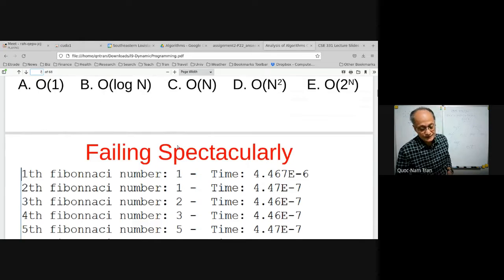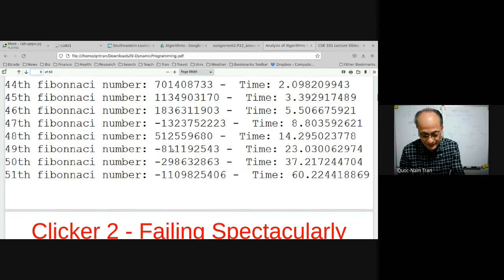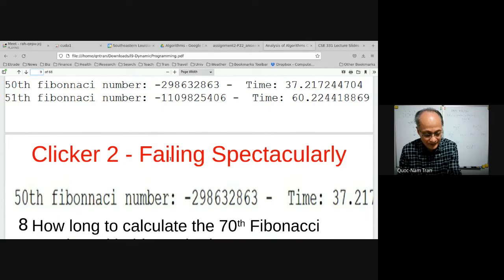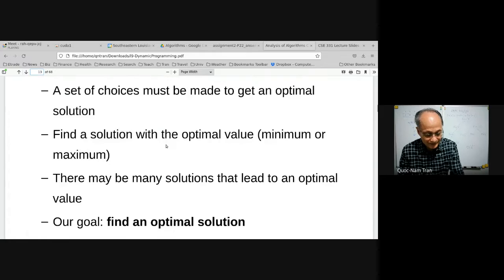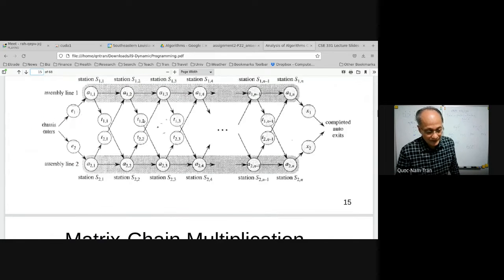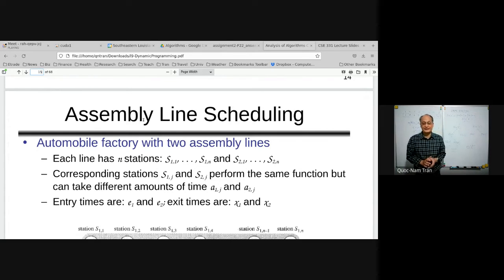Okay, now the next thing we will learn is the assembly line scheduling. Yeah. So I will introduce this one, but we will come back to design the algorithm for this after we learn a few simpler algorithms.